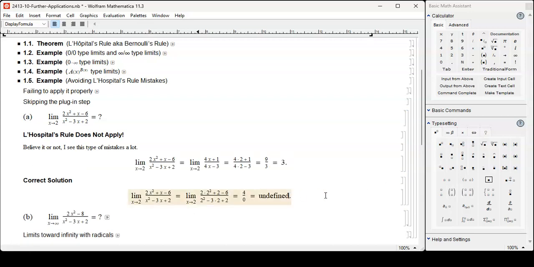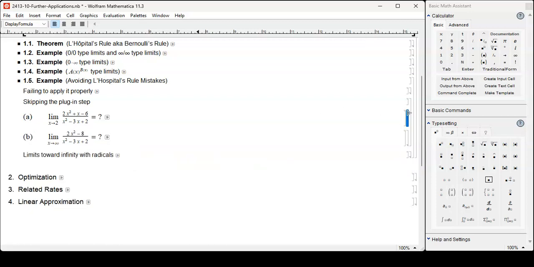If you plug in, then you have 4 over 0, that's undefined. But if you try L'Hopital's rule directly, you get an illusion that you get something. But this is wrong. So if you forget plugging in and checking whether this is 0 over 0 or infinity over infinity, then sometimes things can go wrong. Be careful there. Skipping the plug-in step is a big mistake.